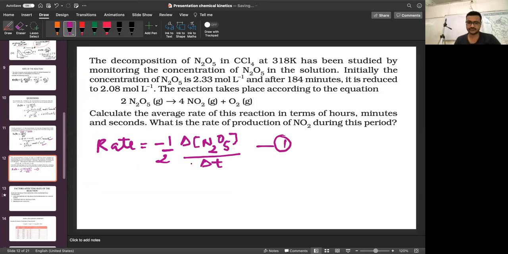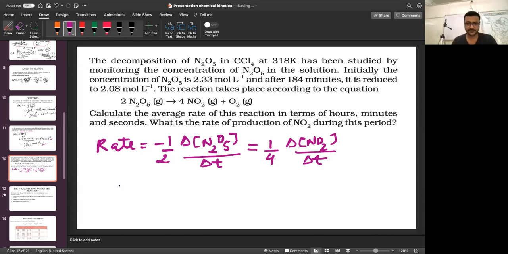And also it will be equal to 1/4 delta of NO2 by delta T. So the question has also asked the rate of production of NO2.